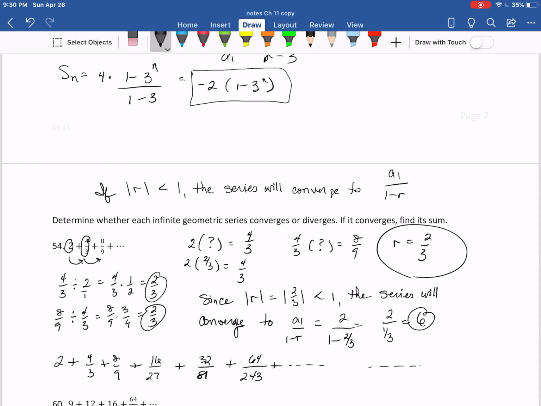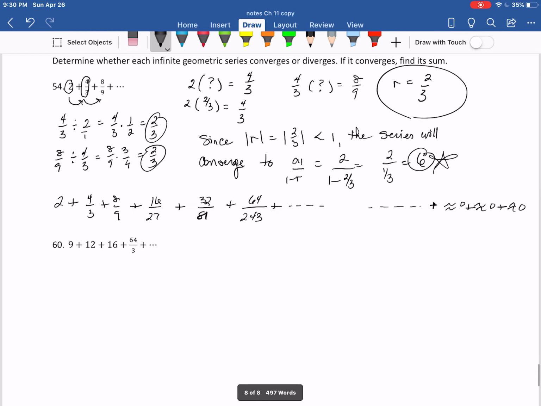Eventually, way down here, you're going to be getting fractions that are close to 0 each time. And therefore, you're not adding anything additional to that basic sum. That sum stopped at 6. 6 is as high as it's going to get, because after you get to the sum equal to 6, the terms that follow are practically 0, and it's not going to add anything substantial to that sum.